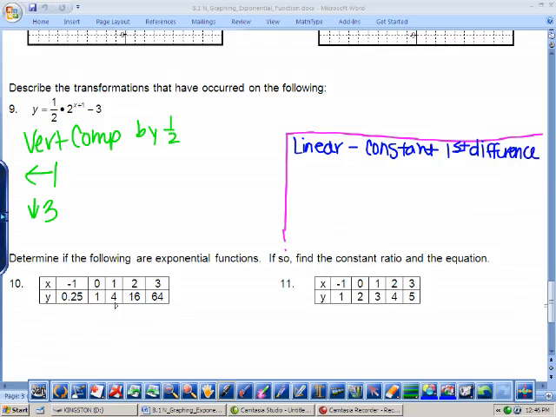That means when you subtract, the differences between the y values are all going to be the same. How do you know if you have a quadratic? Good. Constant second difference.